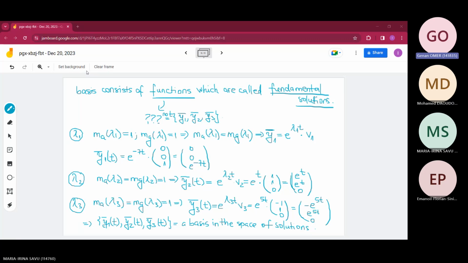If you give values to t, we get, let's say from the first one, 0, 0, e at power minus 14. You don't have to give value because t is the variable. The idea is the following. If you have a basis, how do you write a general solution? As a linear combination? Yes.